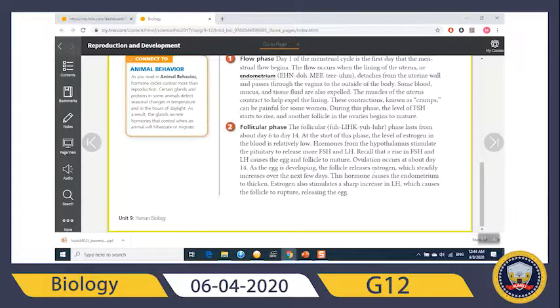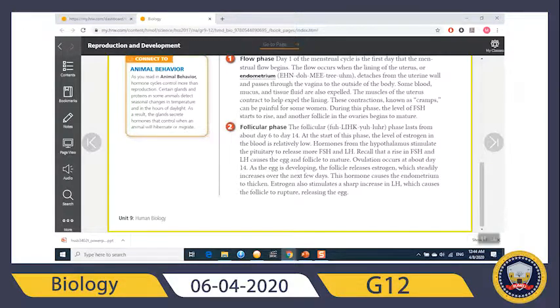Now, ovulation occurs about day 14. As the egg develops, the follicle releases estrogen, which steadily increases over the next few days. Then the hormone causes the endometrium to rethicken.